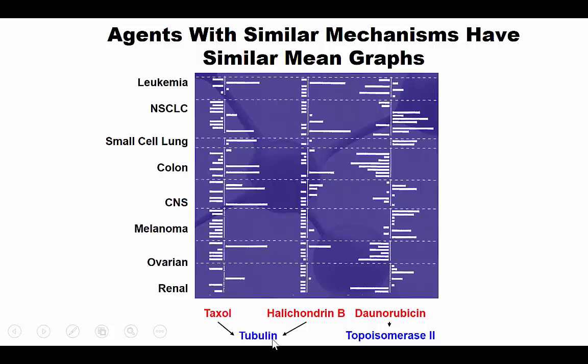Taxol is an anti-tubulin compound, then this compound may be an anti-tubulin compound too. Using similar analysis, by analyzing tens of thousands of compounds, some of those classes can be classified. Okay, with this pattern you can tell topoisomerase 2 is a potential target. Quite interesting.